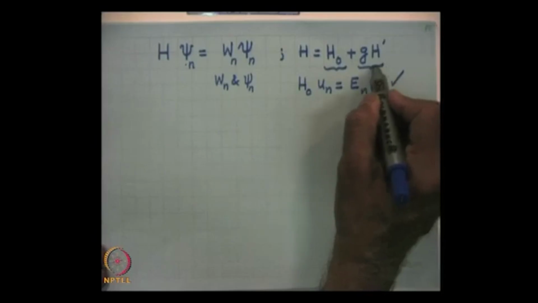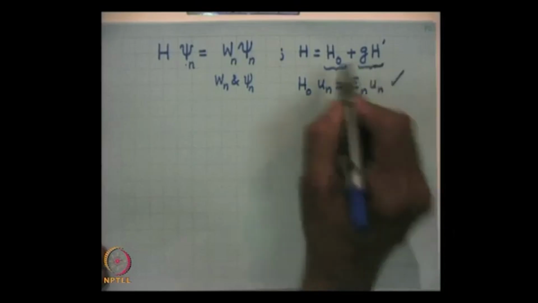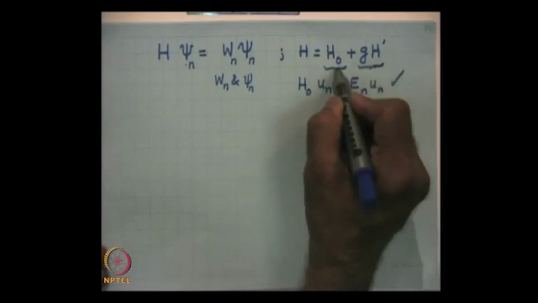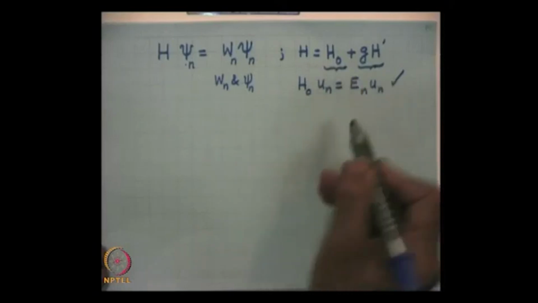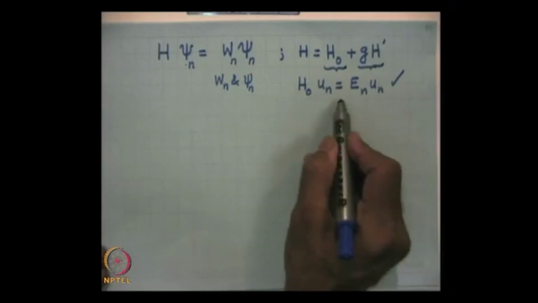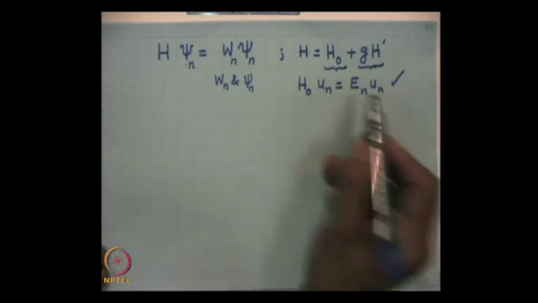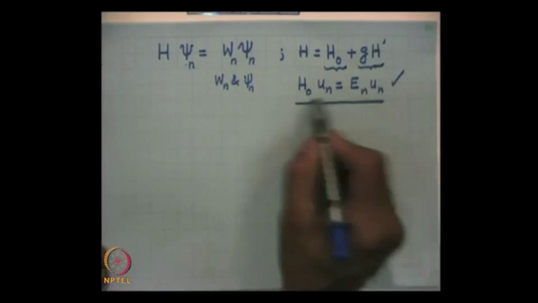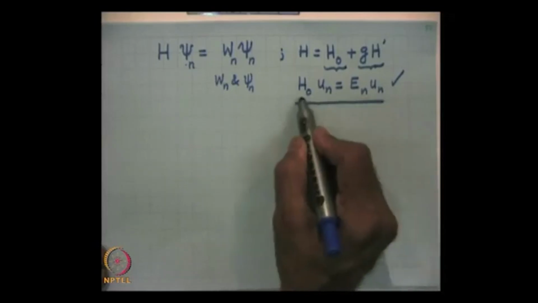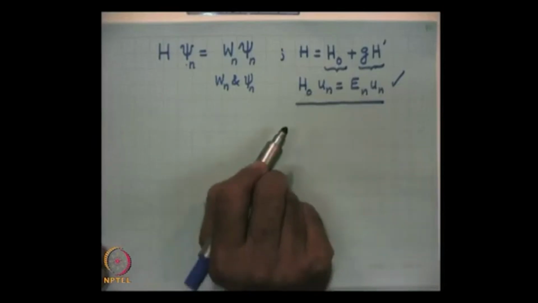If I exclude this term, then I know the solution of the eigenvalue equation corresponding to H naught. This may be something like the hydrogen atom problem or the harmonic oscillator problem or a particle in a box problem.